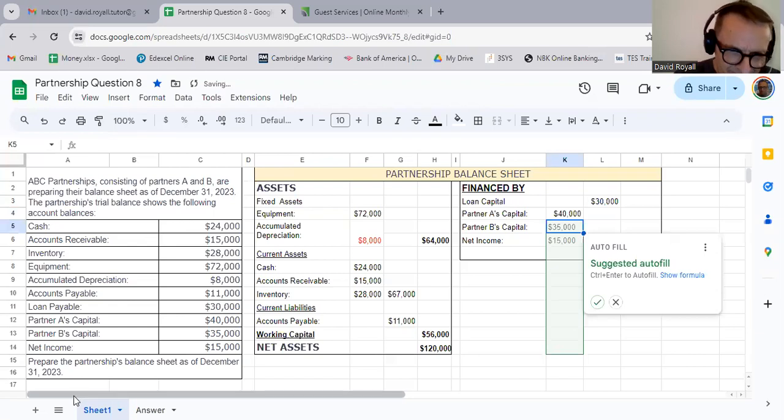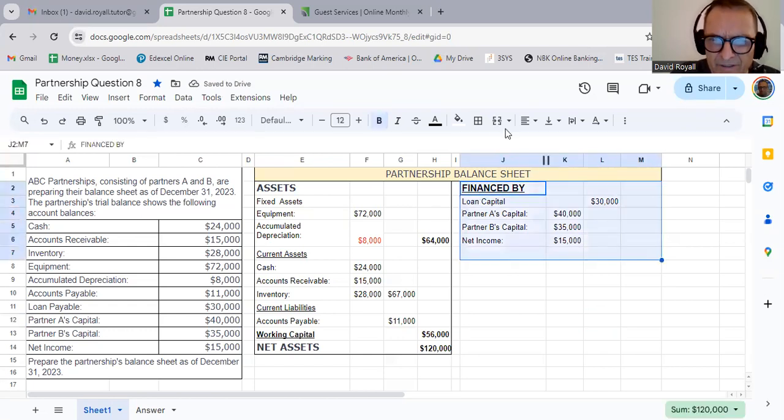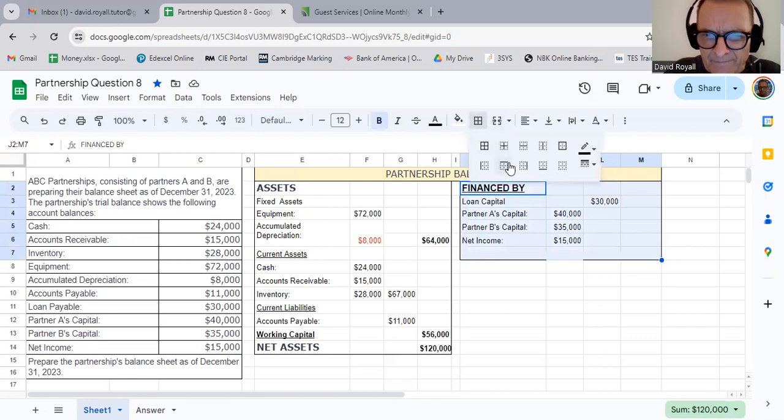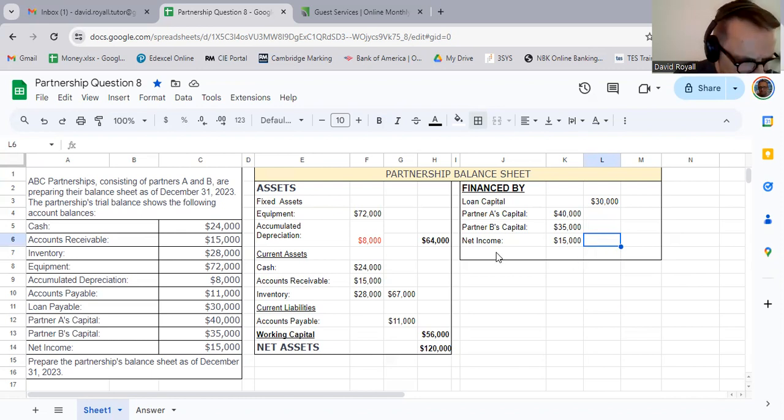So the two figures, I'll get the computer to help me out there. So there it is. Little neat boxes. So right, what we've now got is the three capital figures owned. That now is in fact the owner's equity.